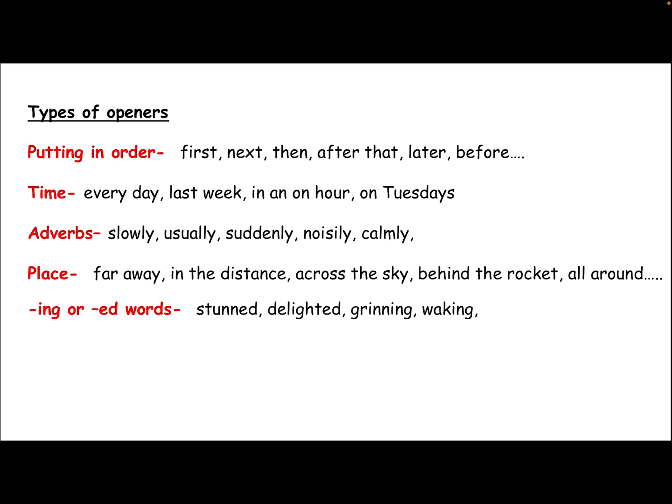So you're starting a sentence by saying what you're doing, so that's grinning, and then you give the reason why. You could otherwise have written the sentence, I realised I'm the first human to stand there, so I was grinning. But instead we're changing the sentence around just to give a bit of variety. So all of these are different ways to open our sentences. They're all ways that you'll come across in books that you read, or in stories, in sentences.